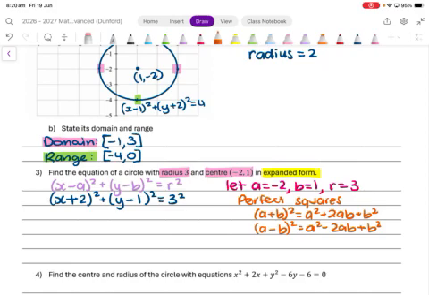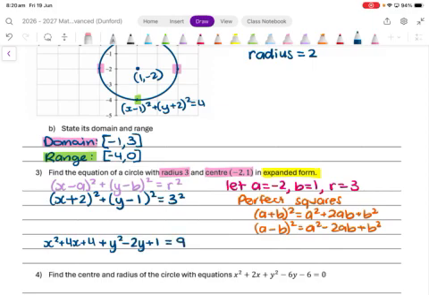Some of us would be able to jump a few lines and go that this expands to x squared plus 4x plus 4 for our first one. So (x plus 2) all squared, using our perfect squares formulas, expands to x squared plus 4x plus 4, plus our (y minus 1) all squared expands to y squared minus 2y plus 1 equals 9.